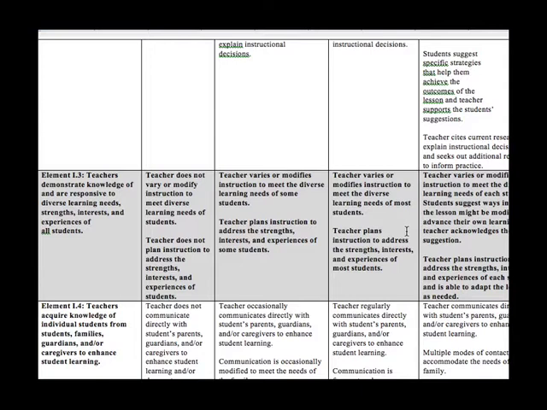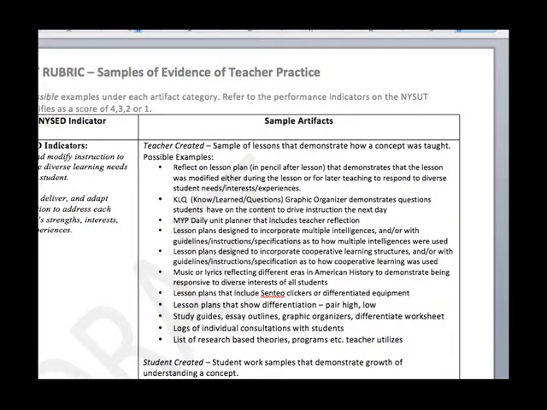Accompanying this video are examples of some possible artifacts. It is extremely important that the staff read the rubric before submitting evidence. Evidence is supposed to be representative of a teacher's ongoing practice and not be created just for the purposes of submission. The quality of the evidence should be present, rather than quantity.